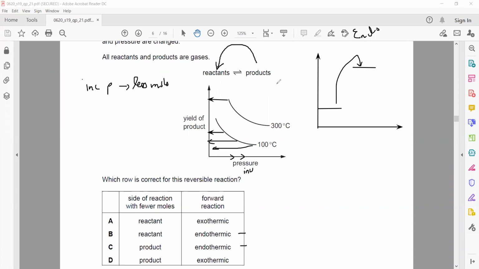So I'm getting a small amount of product and more reactant. Which side has fewer particles? The reactant side has fewer particles. Is it clear? Yes, sir.